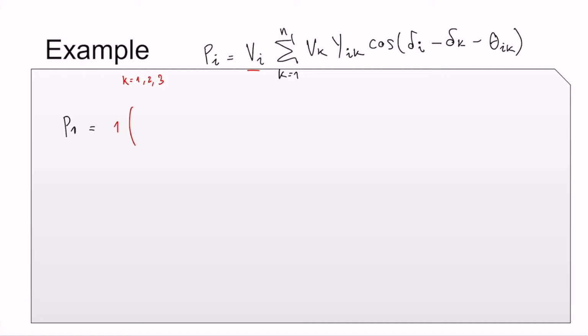So when k is equal to 1, I have voltage in 1, this is 1, element Y 1,1, cos of delta 1 minus delta 1 minus theta 1,1.